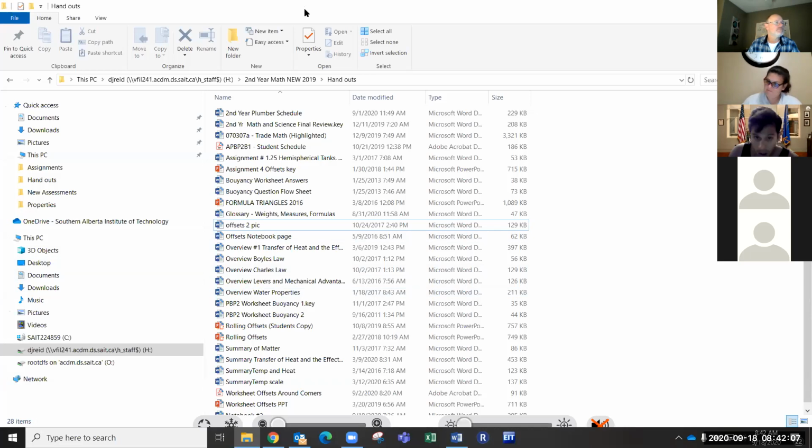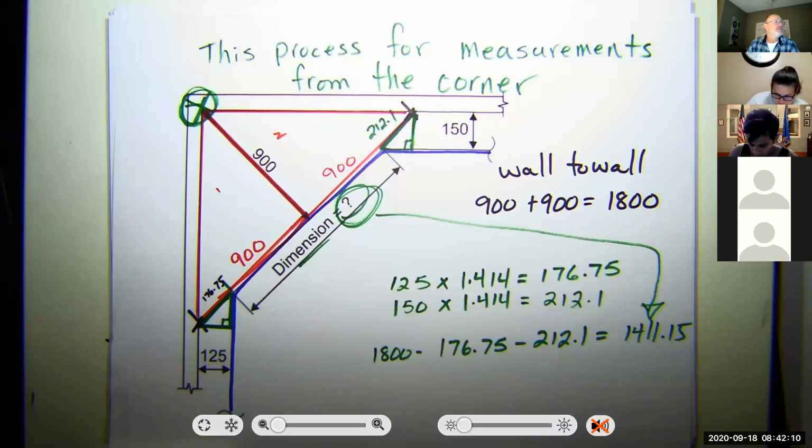And I just want to get another sheet here. I grabbed something, but I don't know if it's printing.